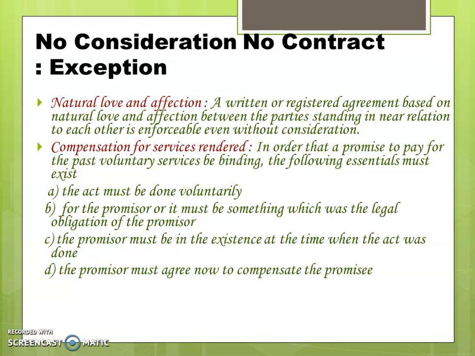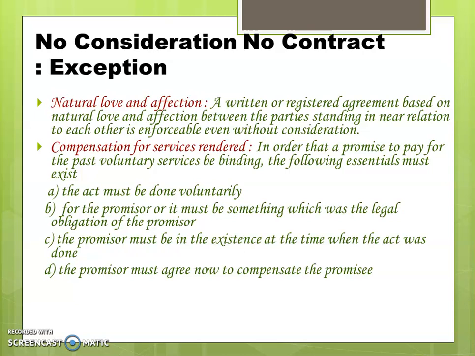For example, B finds A's purse and gives it to him. A promises to give B rupees 500 or 5,000. This will be a contract valid without any formal consideration. So in this example, B is actually doing a voluntary service to A by giving back the lost goods.